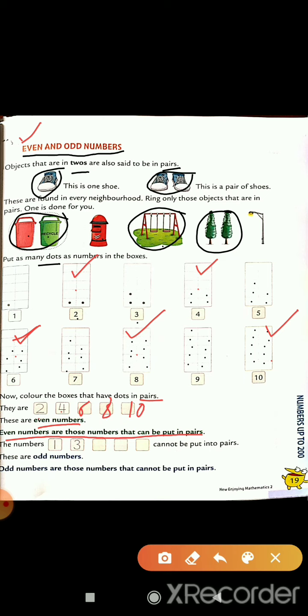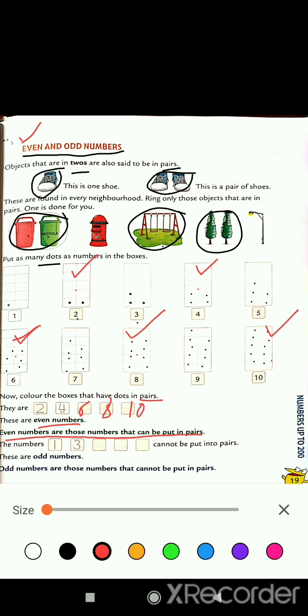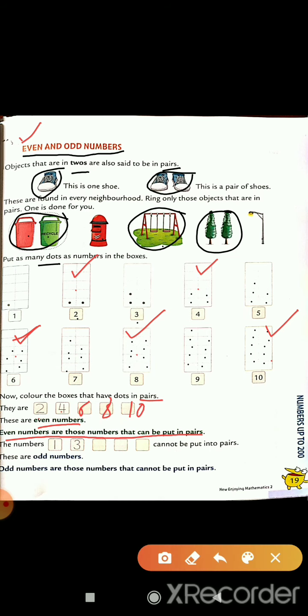Now what about the other numbers that cannot be put in pairs? Which numbers are those? Number 1, because it does not have a pair of dots. Then number 3, number 5, number 7 and number 9. These are the numbers which cannot be put in pairs.